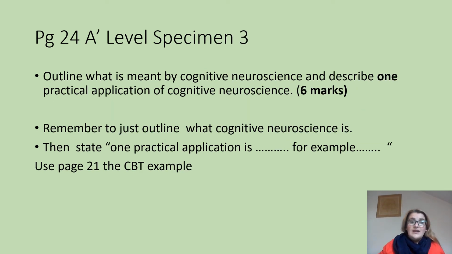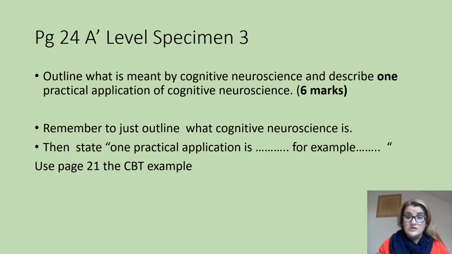Next one. This is why you've got to cover everything which is bullet pointed on the front of your booklet. They could ask you really specific questions about a specific area of cognitive psychology. So outline what is meant by cognitive neuroscience and describe one practical application. Just summarise, a small paragraph, 3 marks for this. Just outline what cognitive neuroscience is.